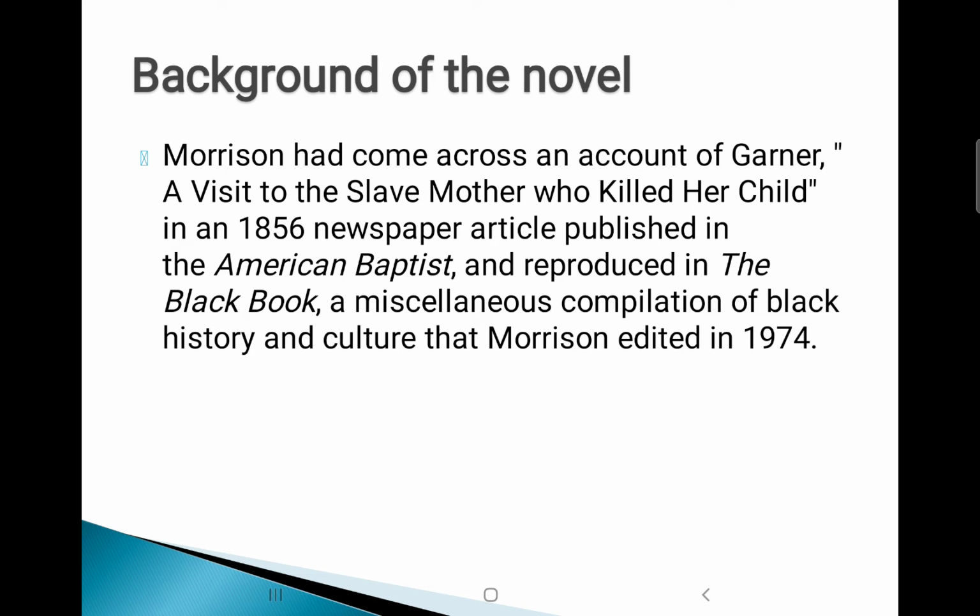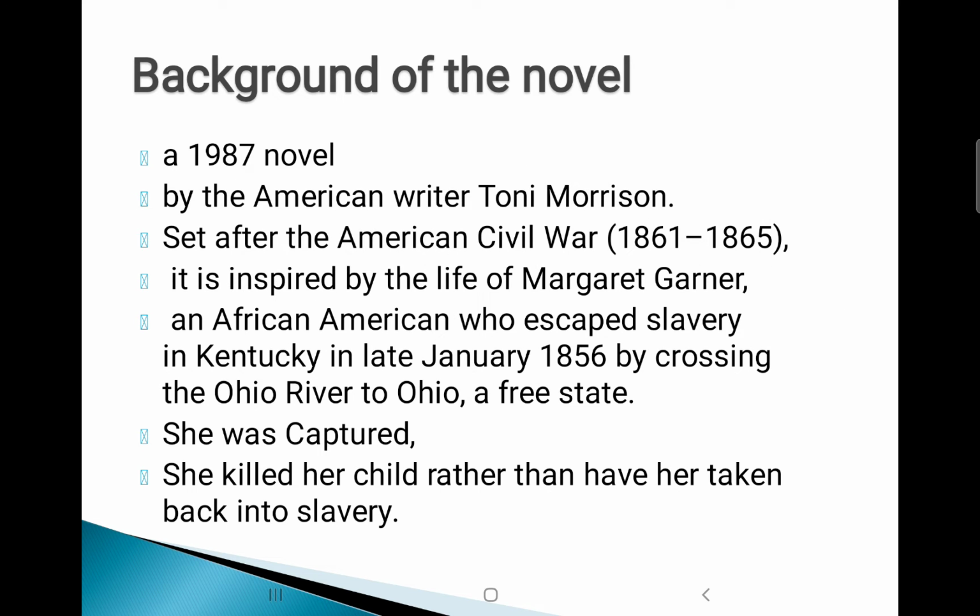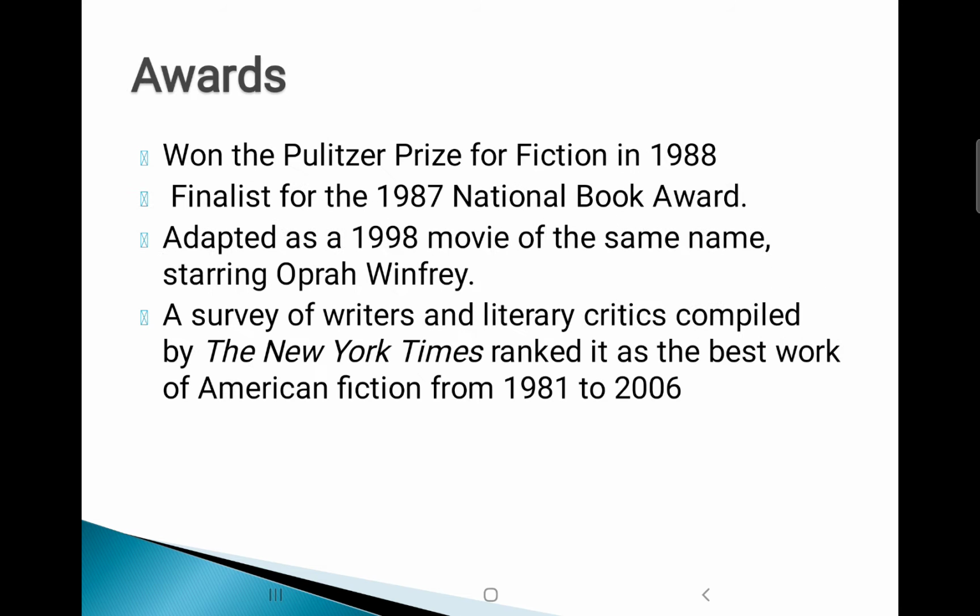So she was already familiar with this story because of an article published in a newspaper, and the title was a visit to the slave mother who killed her child. So this is the background we have, and now next move to the next part.